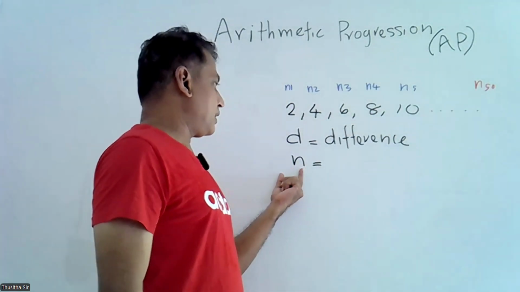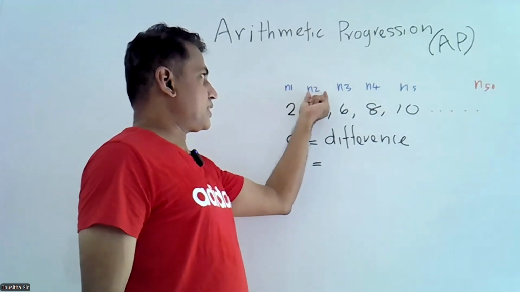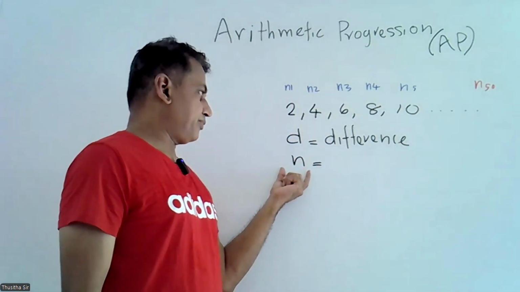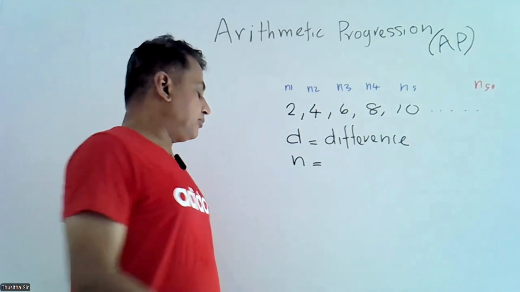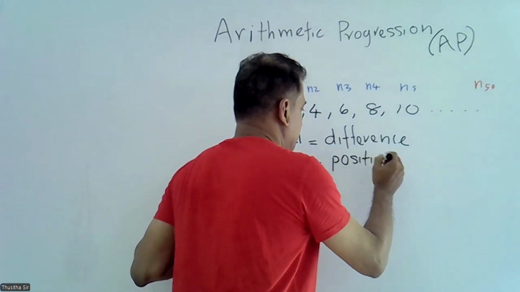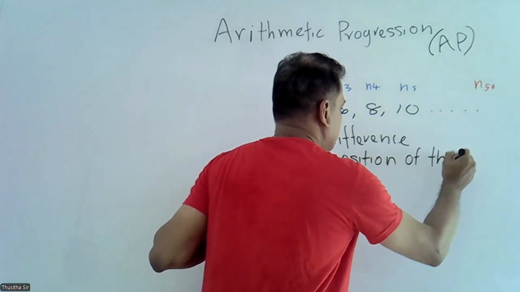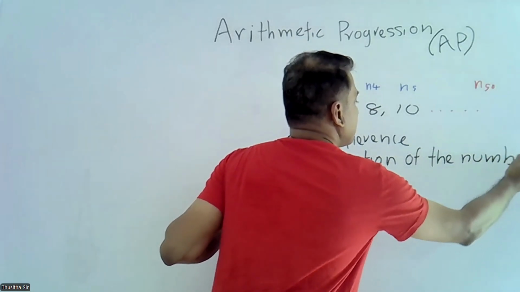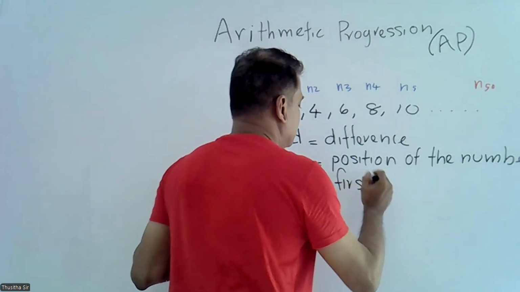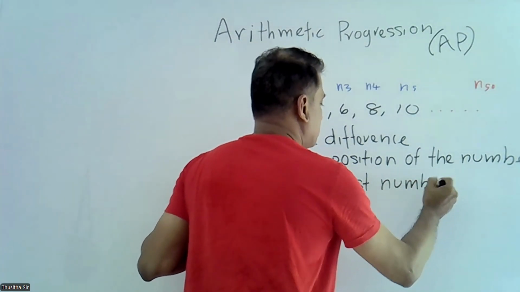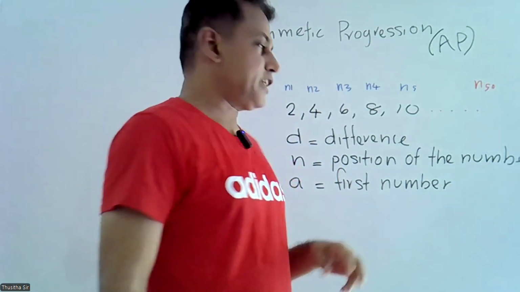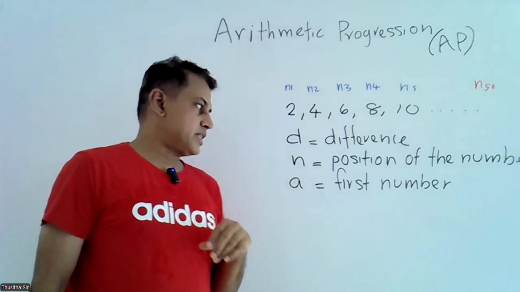Let's say the first position, second, third, fourth, fifth, 50, it's the nth position. And simple A is the first number. So now you see, D denotes the difference, N is the position of the number, and A is the first number.